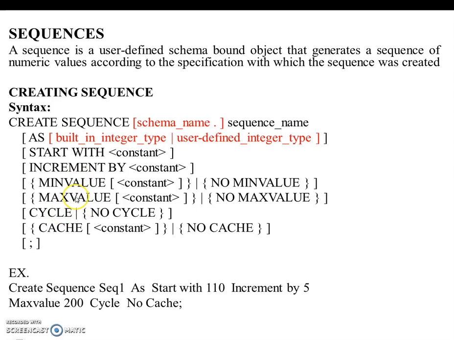So after reaching the max value, again it will start with the first value. So cycle performs this task. If no cycle is provided, that means after reaching the max value, it will give you a message that the sequence has reached the max value.